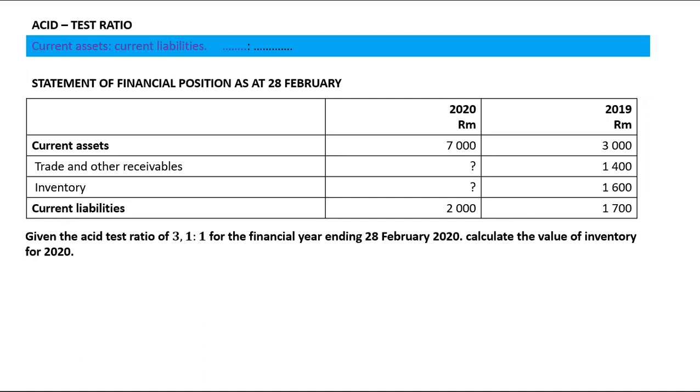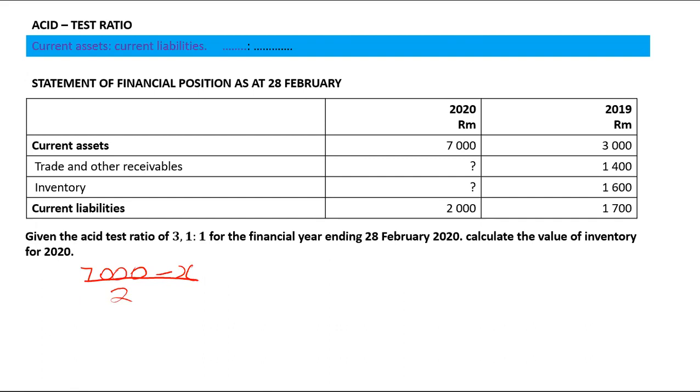Can't we set up an equation? Tell me, how am I going to go about doing that? Can't we say 7,000 minus X over 2,000?